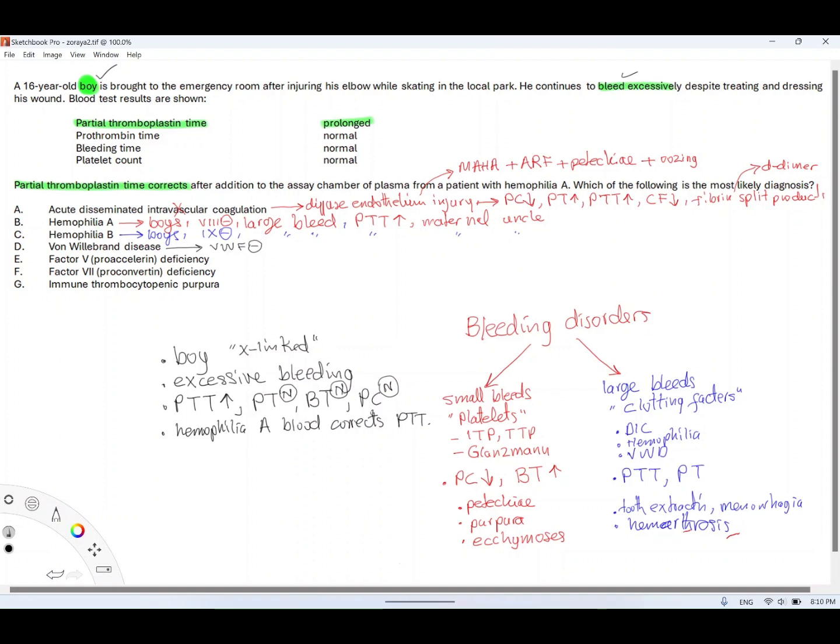So if you don't have that, factor 8 is active and it's swimming around, it can lead to thrombosis. Okay, so it's not even an issue of so much of bleeding, it's more issue of thrombosis of von Willebrand disease. Okay, so it's autosomal dominant. Autosomal dominant.